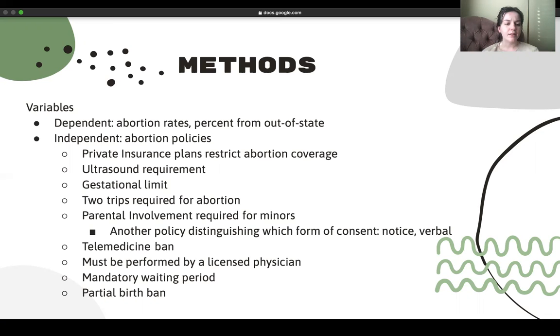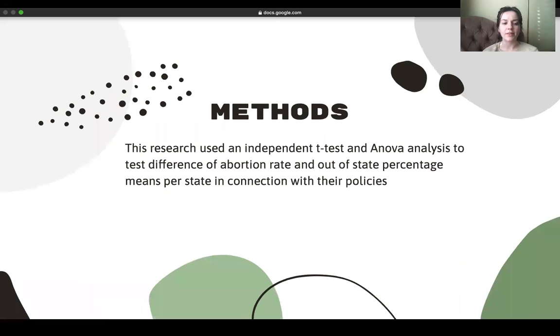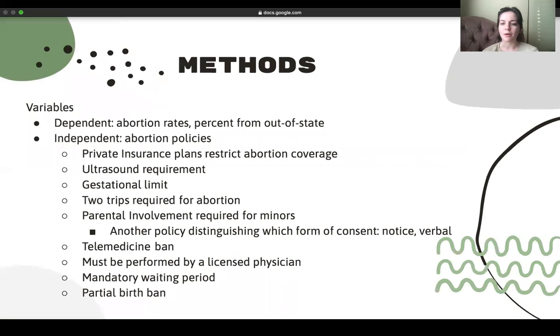And then for my methods, I used an independent t-test and an ANOVA analysis to test the difference of abortion rate and the out-of-state percentage, connecting with the policies. It's important to note that for most of these policies I used yes or no. So it's saying, do they have a gestational limit or do they not?